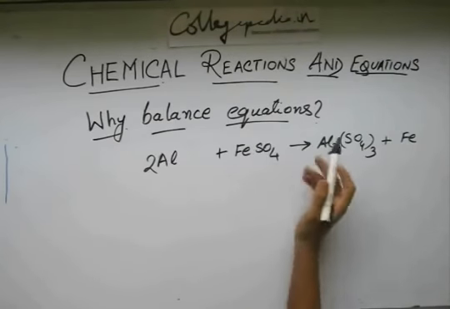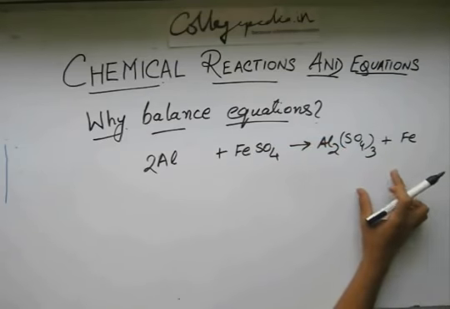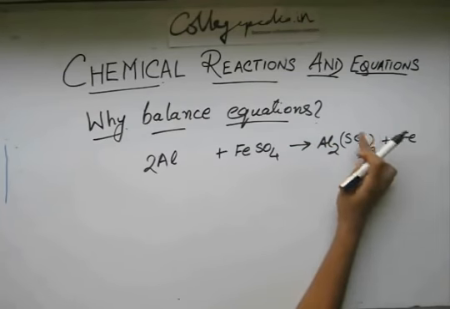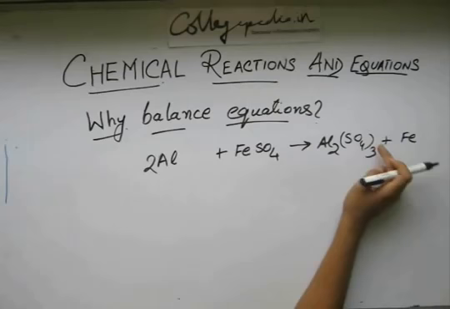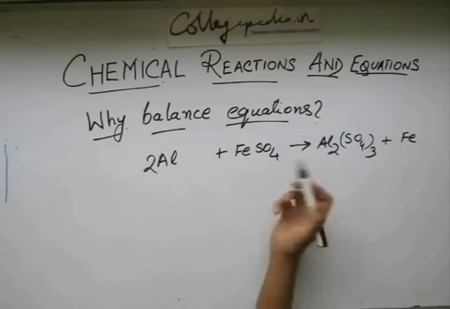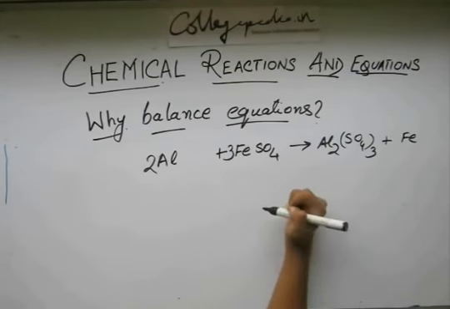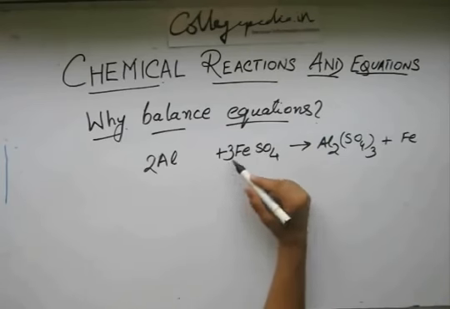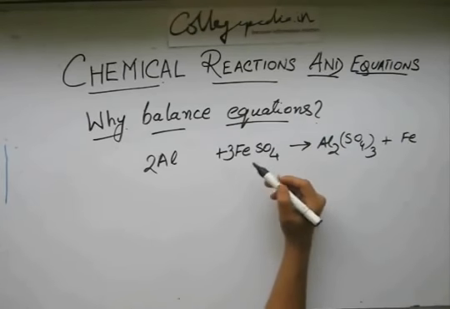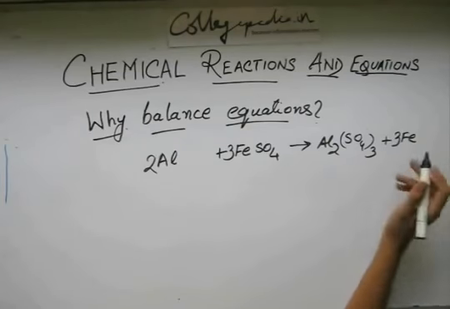So we can take it as a whole unit and balance it accordingly. So here we have SO4 whole thrice, means 3 SO4, and here we have only 1. So we put a 3 in front of the SO4. But again, Fe has also become 3. So here it's 1. So we need to multiply this with 3 again.